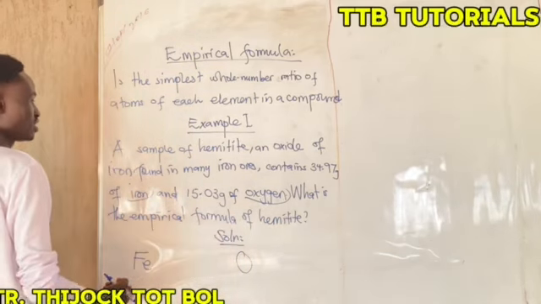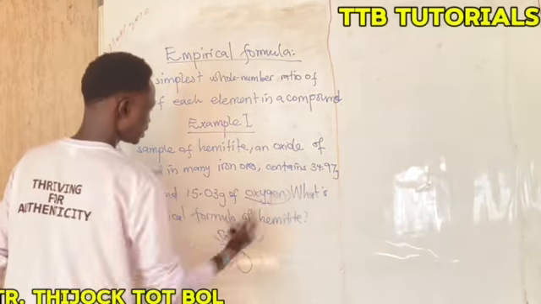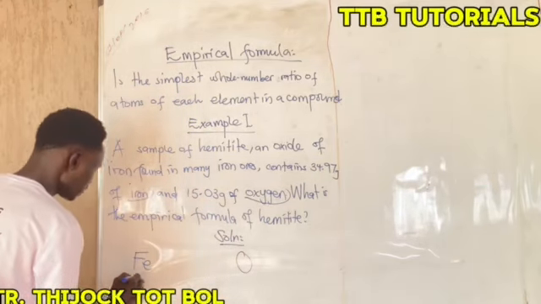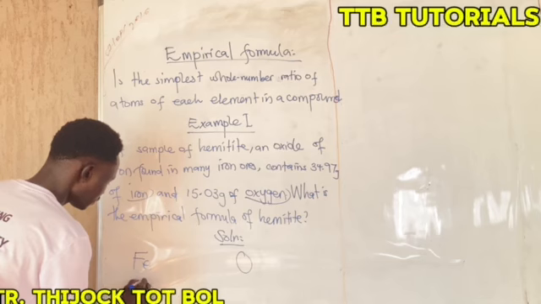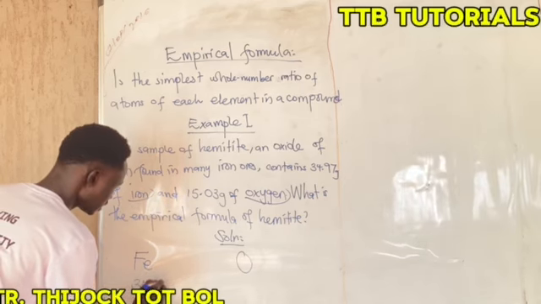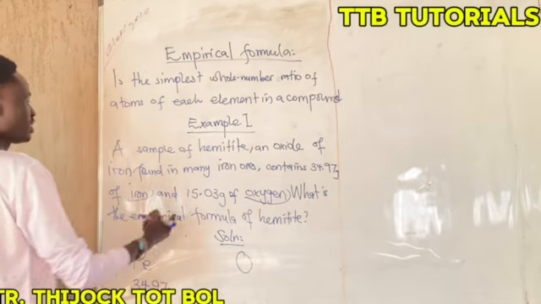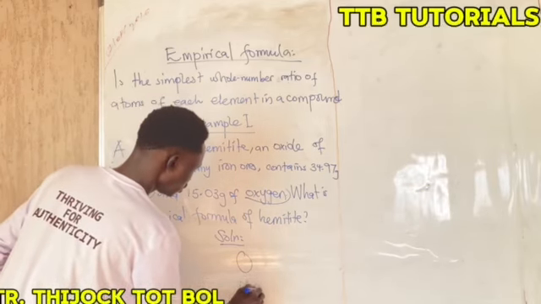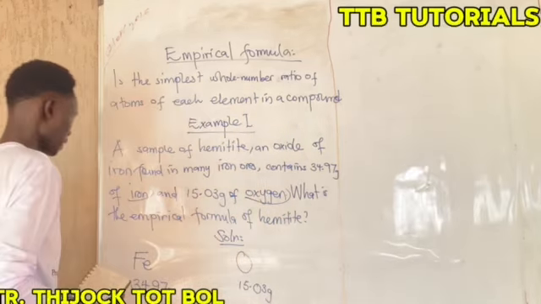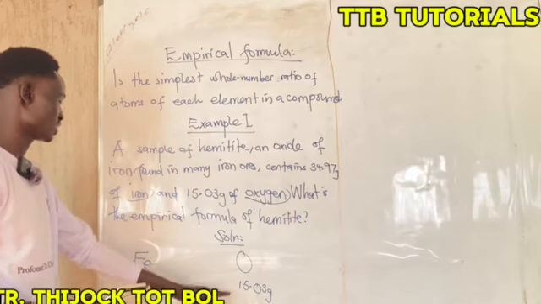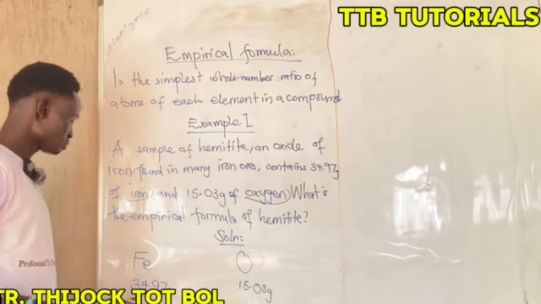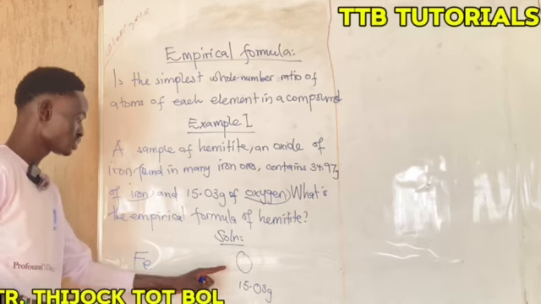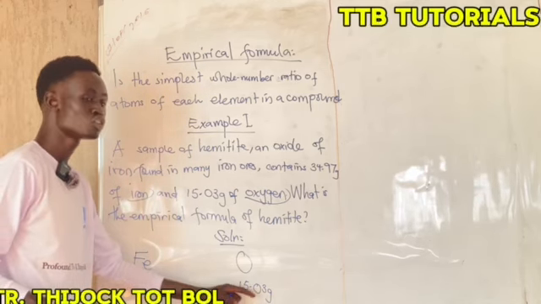So now from there you can write their grams or their mass. So the mass of iron is 34.97 grams. Then for oxygen it is 15.03 grams. So now since you have the mass, you convert this mass of iron to moles, also the mass of oxygen to moles.